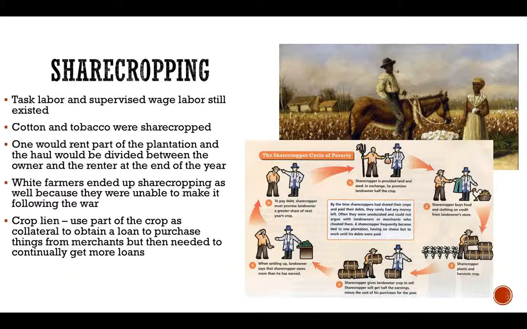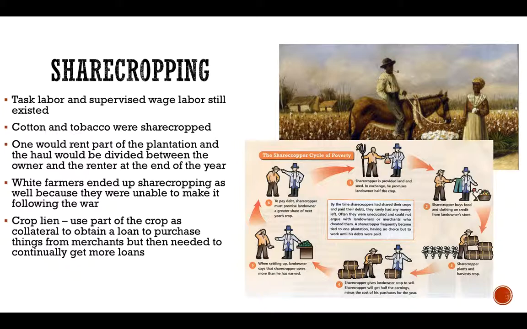White farmers ended up sharecropping as well, because many of them were unable to make it on their own after the war too. So following economic devastation in the South, this is what many people had to resort to, not just the newly freed people, but also the people on the bottom of the socioeconomic scale.